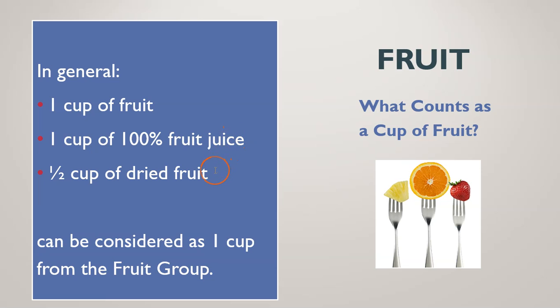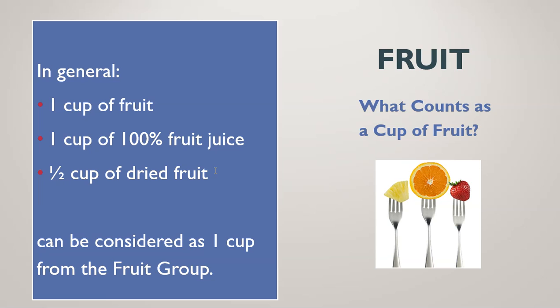But when it comes to dried fruit, for example raisins, 1/2 cup actually counts as a cup. So in most cases, a cup is going to be a cup, except with the dried fruit.